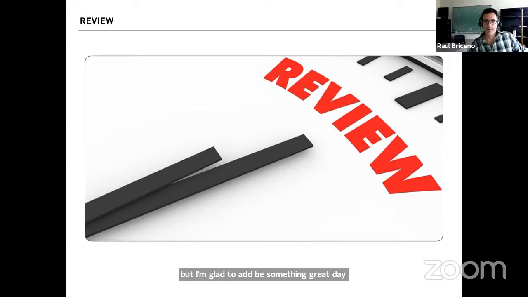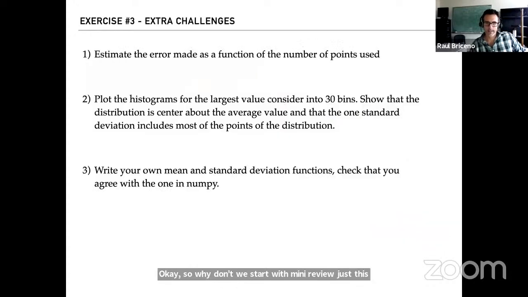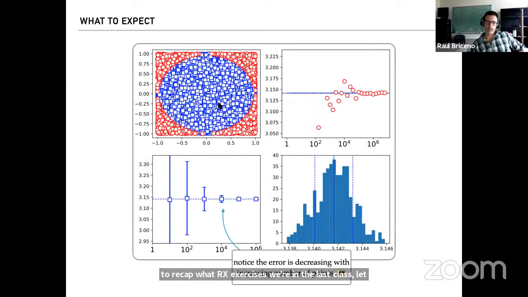Okay, so why don't we start with a mini review, just to recap what our exercises were in the last class. We created an exercise where we encourage you to evaluate pi, 3.14, blah, blah, blah, using random numbers.